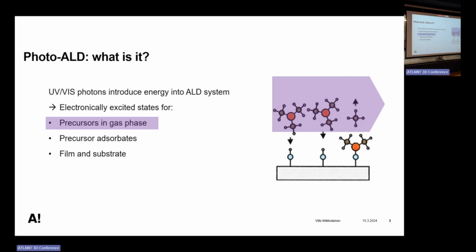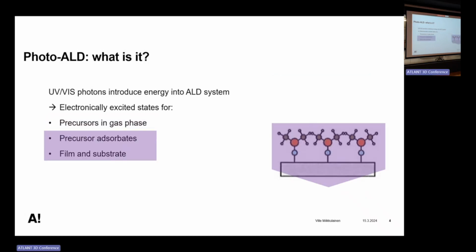So by having the light only in the gas phase, during the precursor pulse, you can excite only the precursors in the gas phase. Or if you do the light exposure during the purge, then you don't have any reactive species in the gas phase, so you can excite only the precursor adsorbents, and of course you expose the film and the substrate.